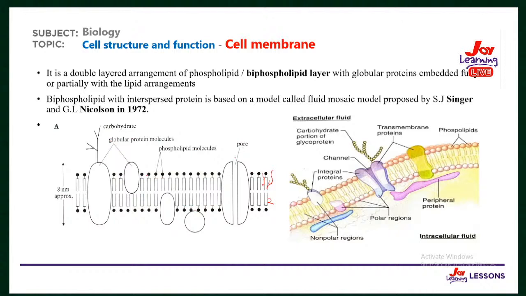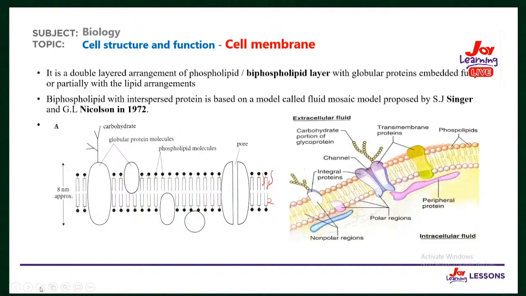That's what we call the semi-permeable function of the cell membrane. Now these proteins too are classified in many ways. We have the transmembrane protein, integral protein, peripheral protein. You get a full lesson on the cell.